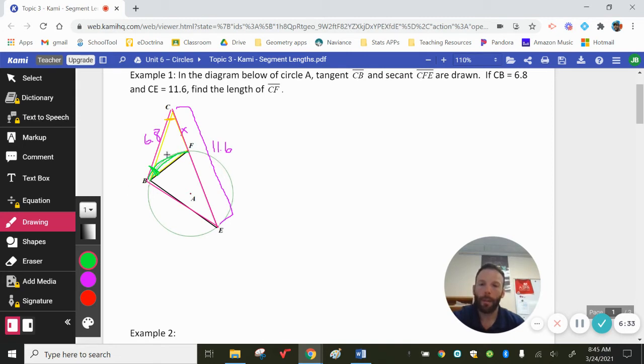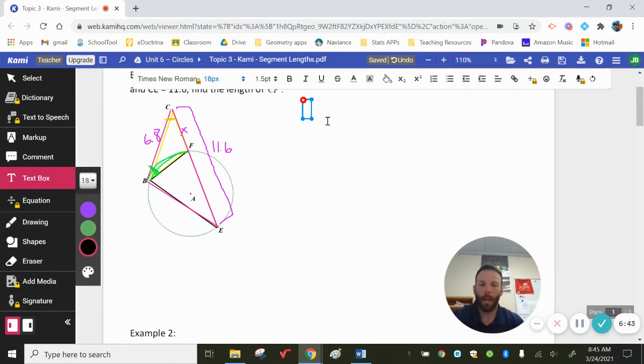So that's the intercepted arc by that tangent and chord angle. So here's what I know is true: the angle CBF is equal to 1/2 of the arc from B to F, because that's the relationship that the tangent and chord angle has with that arc.